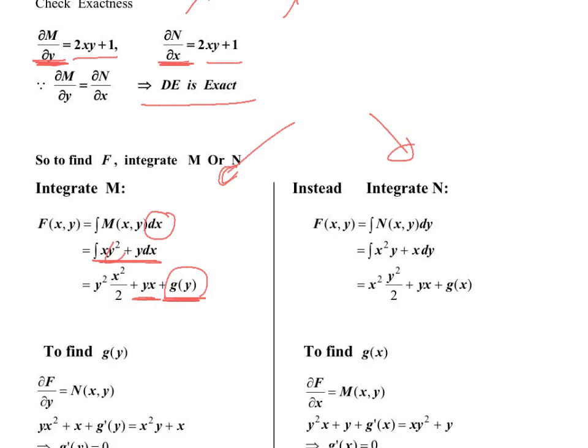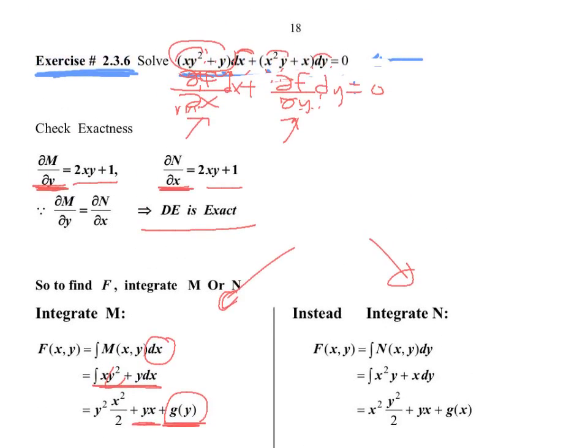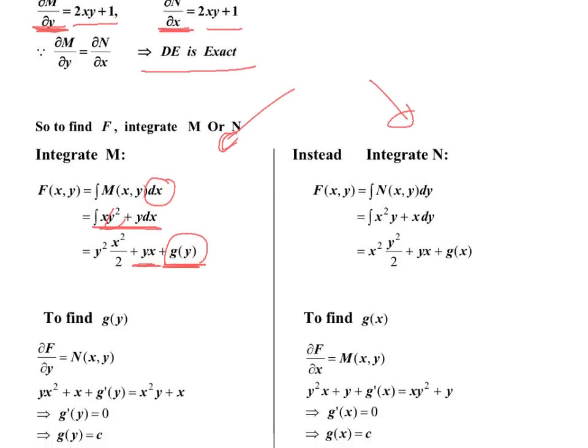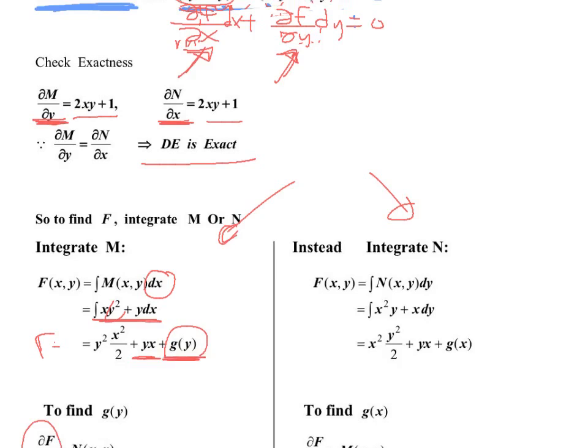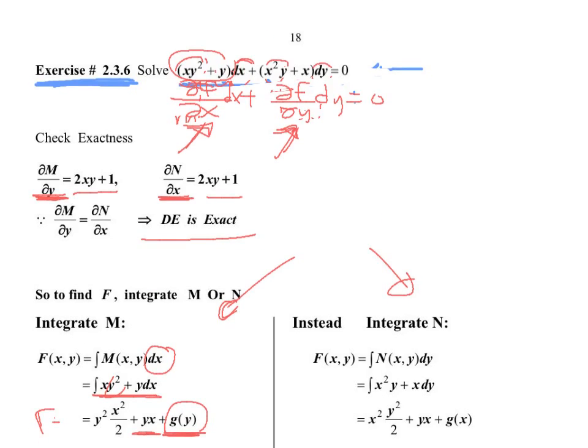To find g of y, you have used partial f partial x. Now you have to use partial f partial y to find g of y. How? You have f. So differentiate f with respect to y and compare it with n, because n is partial f partial y.